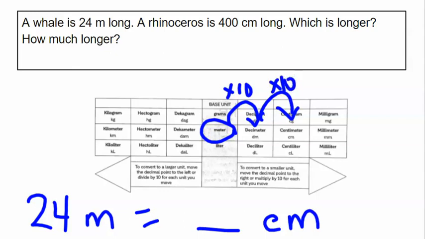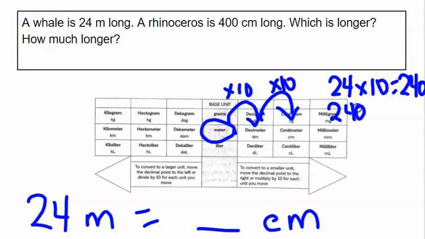So if I multiply by 10 one time, 24 times 10, then I know that is 240. If I multiply 240 by 10 again, what do I have?